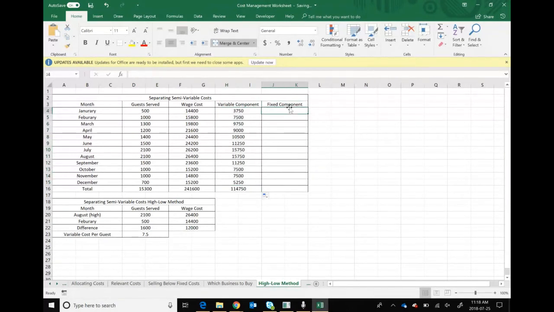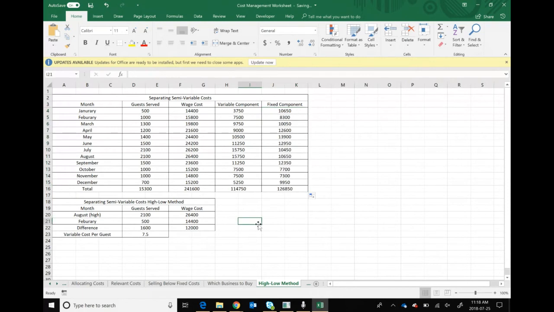Now, if we go over here, we take our total wage cost minus our variable component, and we get the fixed component of our labor cost. So the total labor minus the total variable labor must equal the total fixed labor, or salaries. If we copy that equation all the way down, there you have it, sports fans.